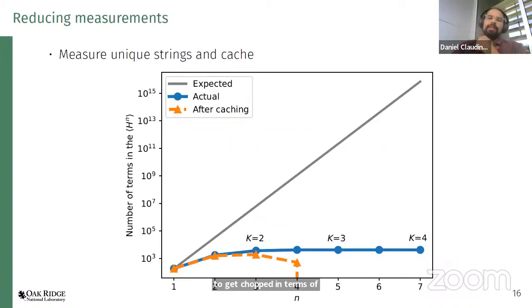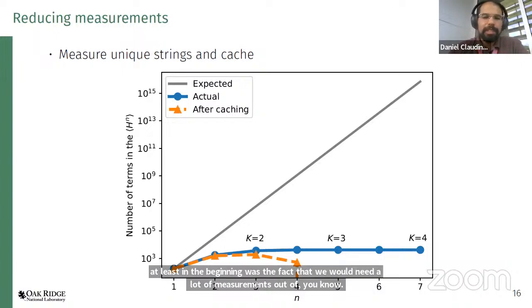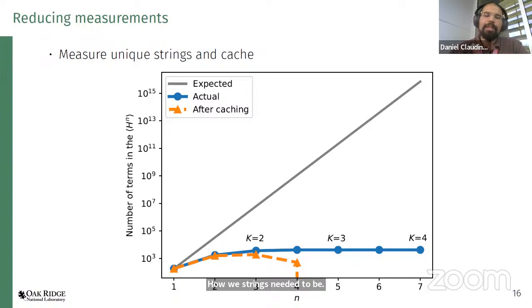Now, one of the problems that we were anticipating, at least in the beginning, was the fact that we would need a lot of measurements, a lot of Pauli strings needed to be estimated in order to estimate the expectation value of all these powers of the Hamiltonian.